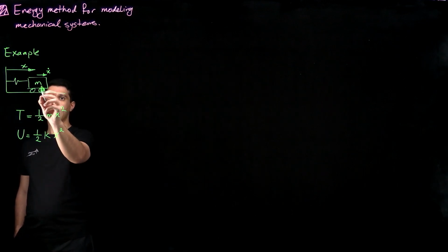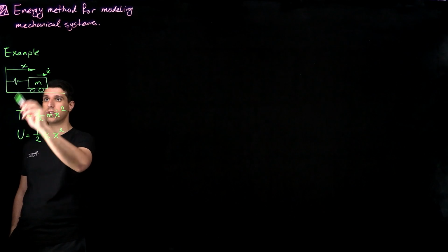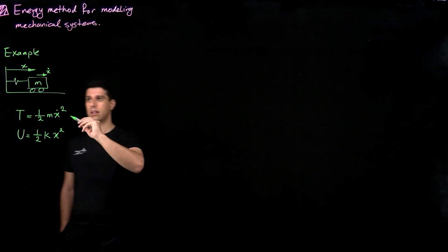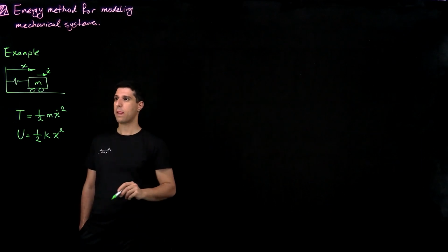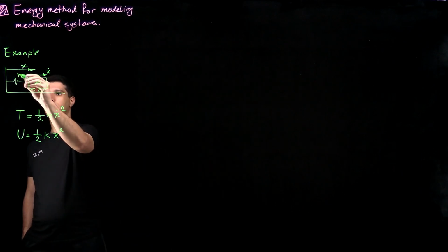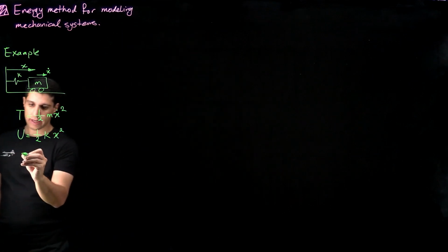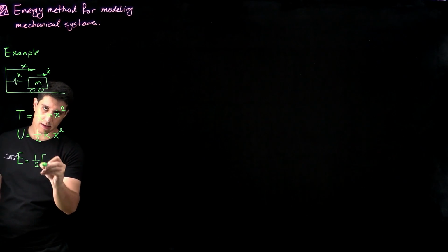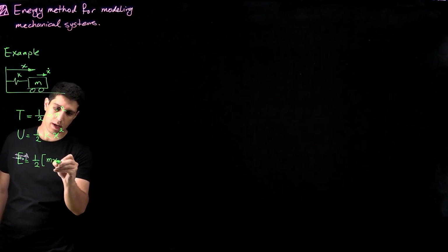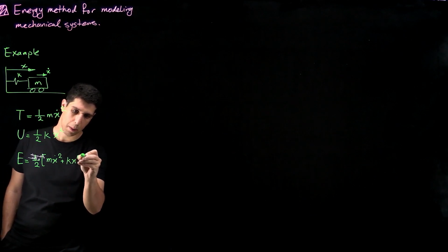I only have one element that can have inertia, kinetic energy, that is this mass, and only one element that can have potential energy, that's this spring, K. So my total energy is a half times m x dot squared plus k x squared.